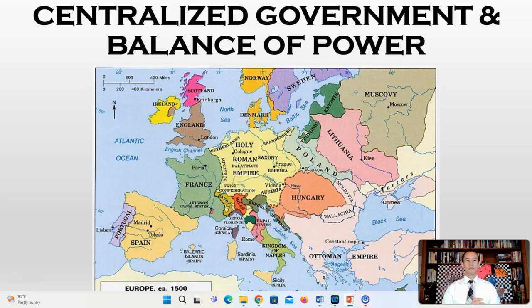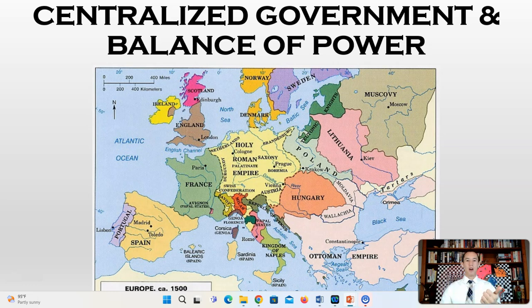During this period, by 1500, the governments in Europe will start centralizing power. There will be centralized governments in Europe, and they will start creating nation states. Now, obviously, at the time, they're all monarchs.